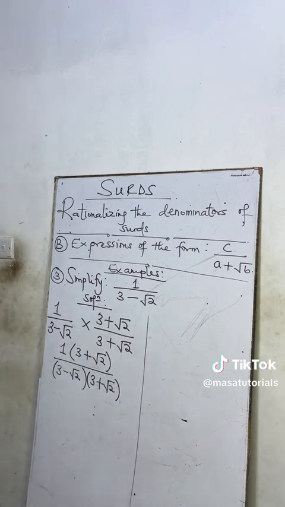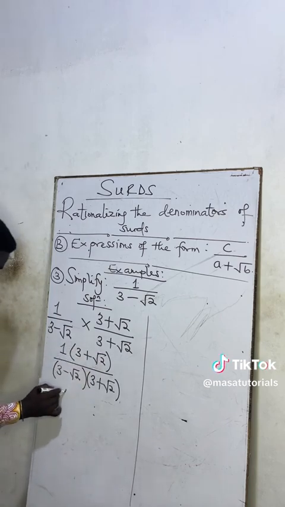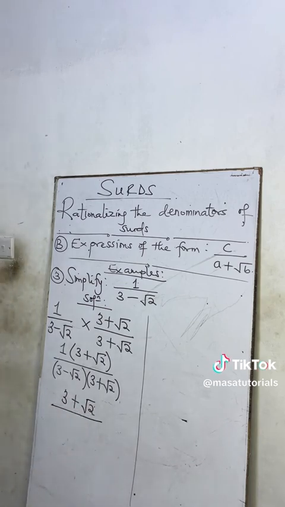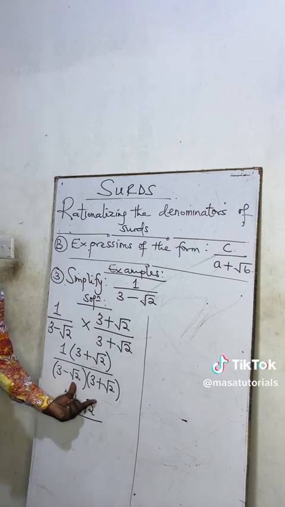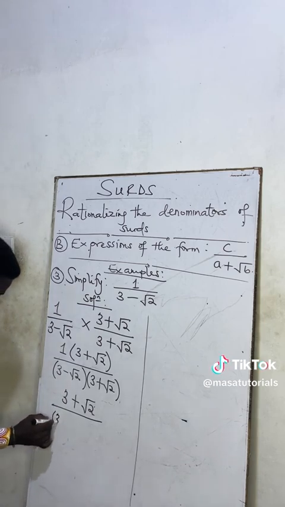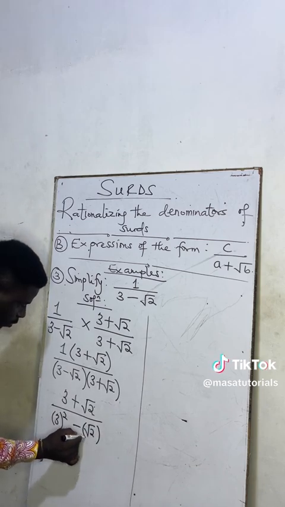Now 1 times the whole expression is the same thing as 3 plus square root of 2, all over. We apply a difference of two squares. We take the expression that contains minus, so it will be 3 squared minus square root of 2 squared.